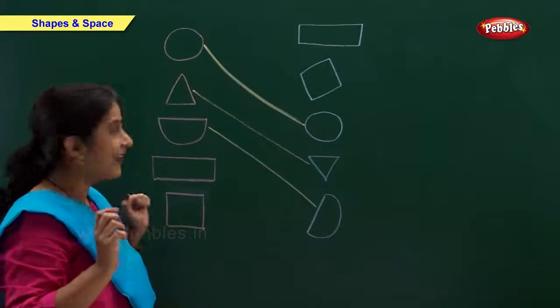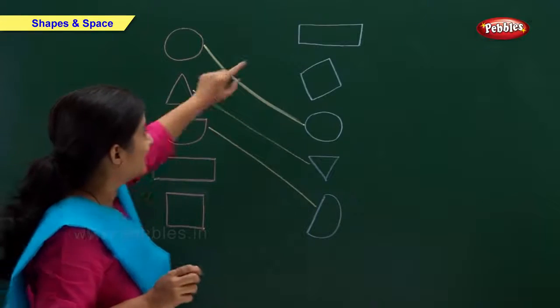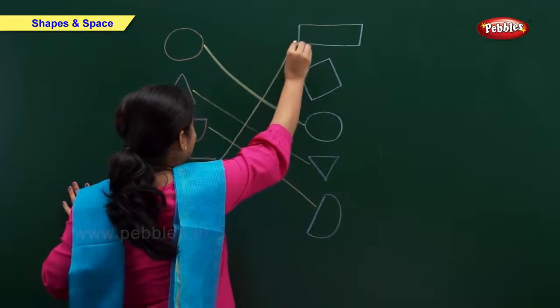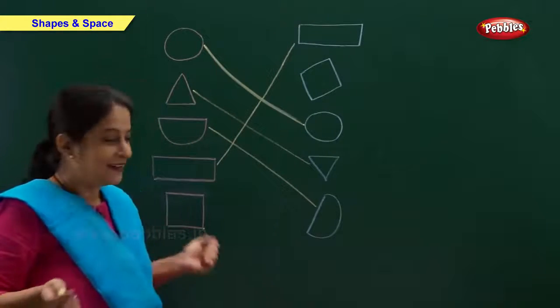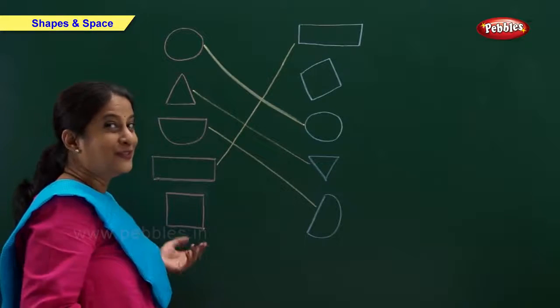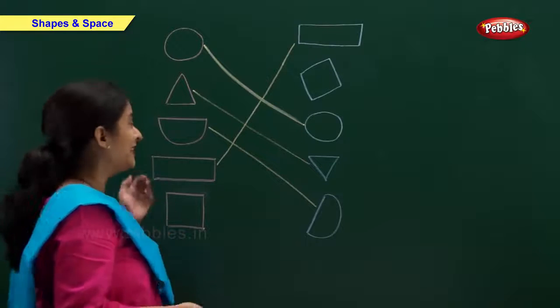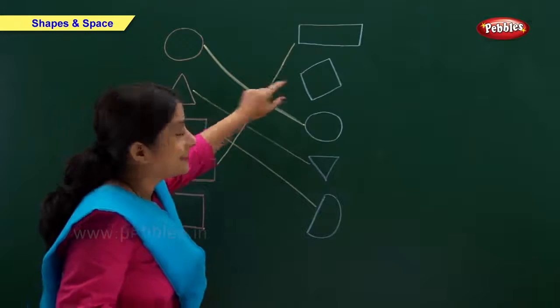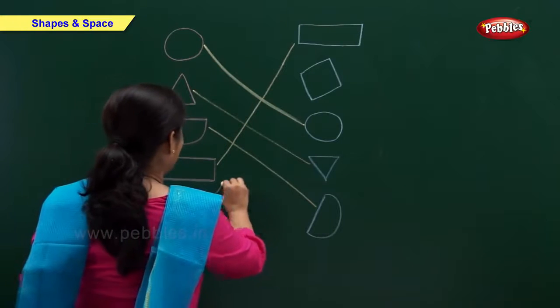So let's find rectangle. Oh, it's here. Let's match. Rectangle. And now which shape is this? It's very simple. Right, it's a square. And where is our square? A square. So let's match.